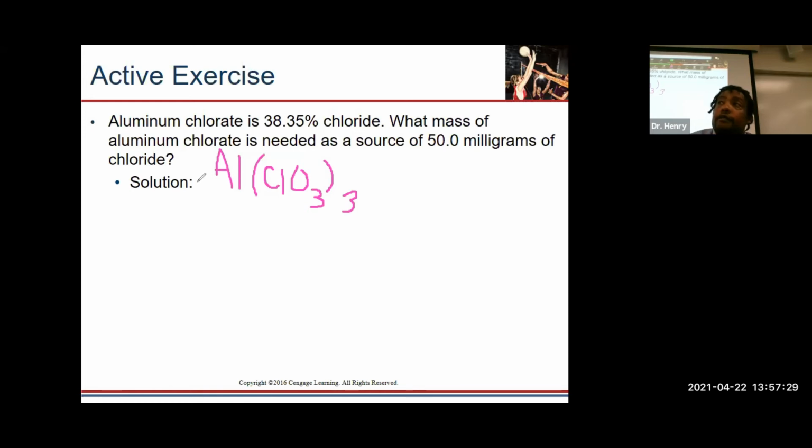Okay, let's look at the definition of percent mass, because this is what that's giving me. This is my percent mass of chloride, right? Yes.